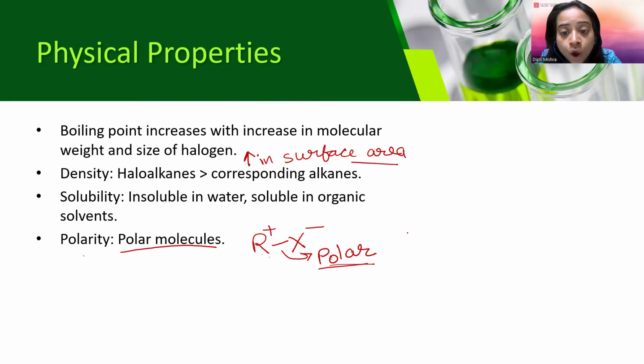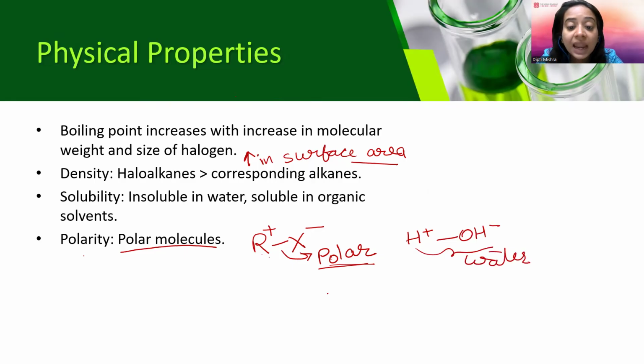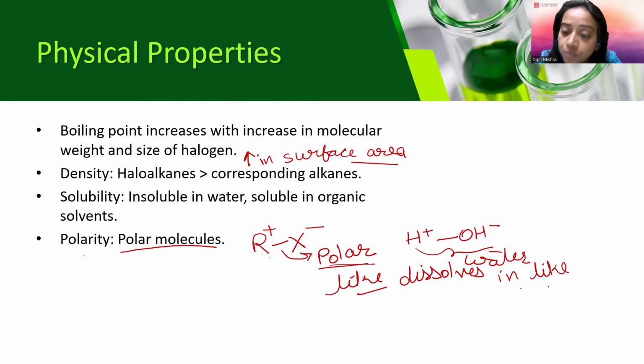And we know that water, H plus OH minus, is also a polar molecule, and we know that like dissolves in like. So basically, a polar molecule will dissolve in a polar molecule, a non-polar molecule will dissolve in a non-polar molecule.